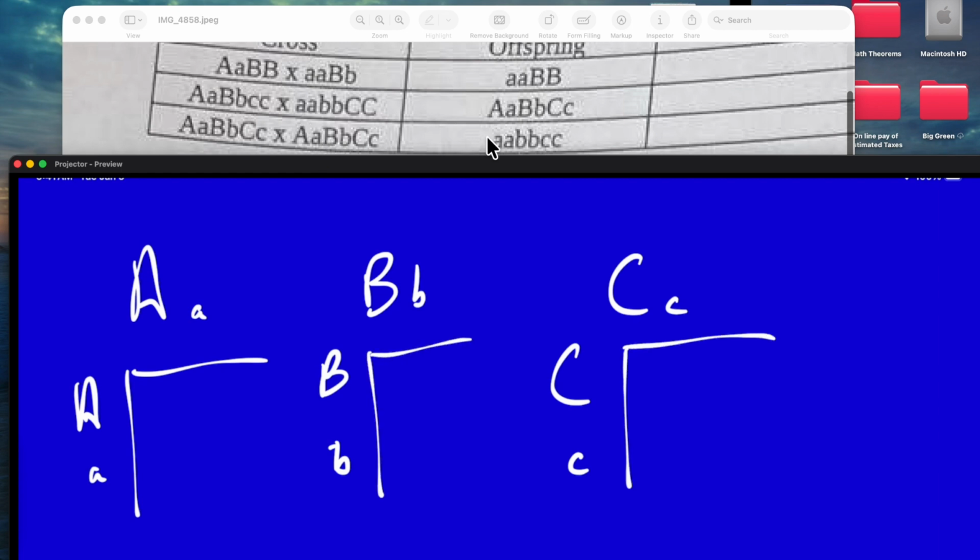What are the chances that we're going to get recessive for all of them? Okay, we already know that when you cross 2 heterozygous, the chance of the recessive is just 1/4. But we'll do the first one. Now let's do them all.